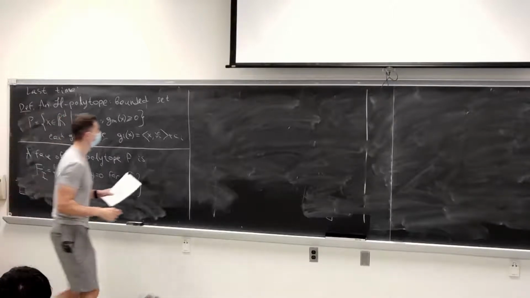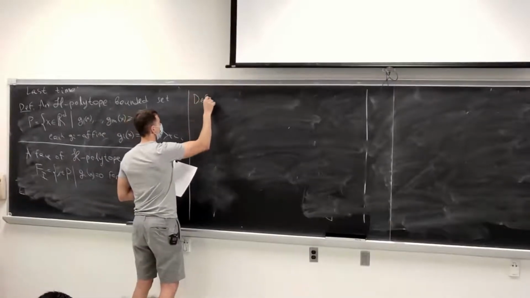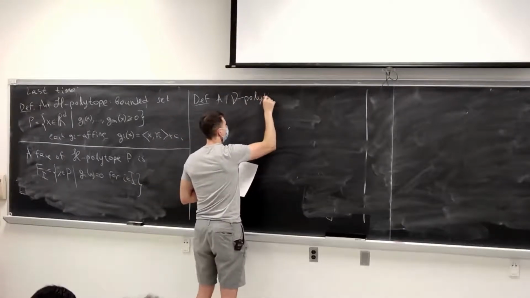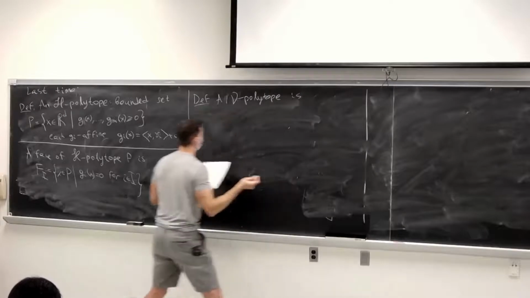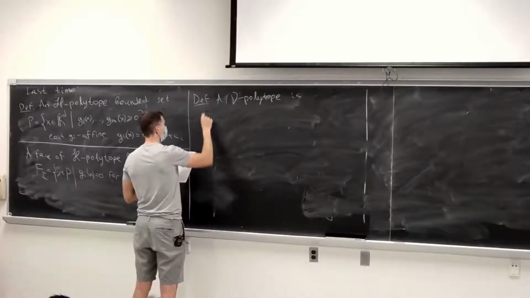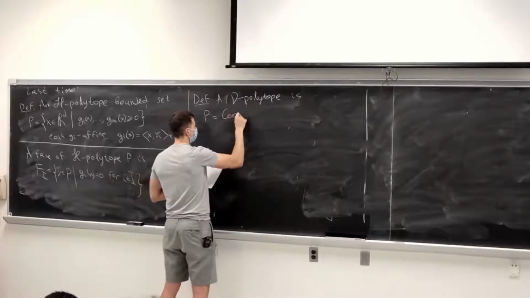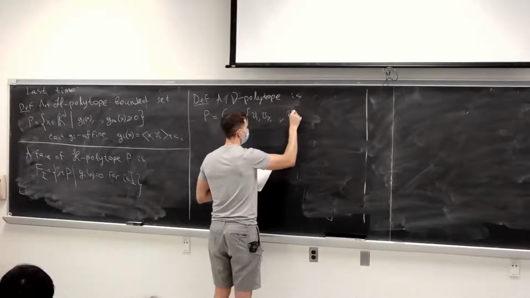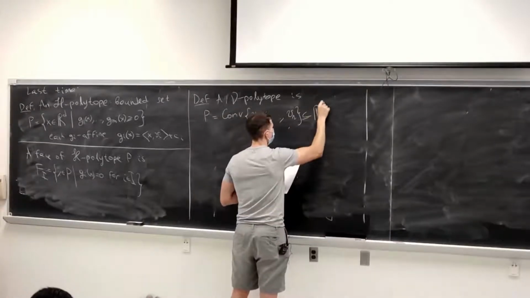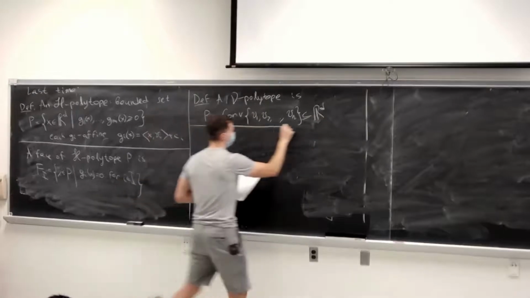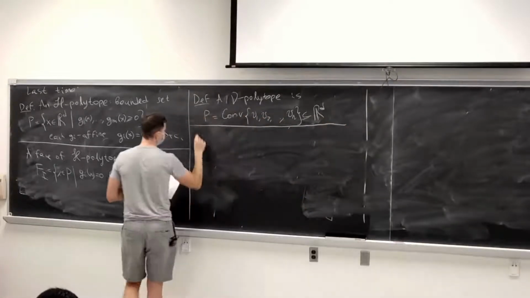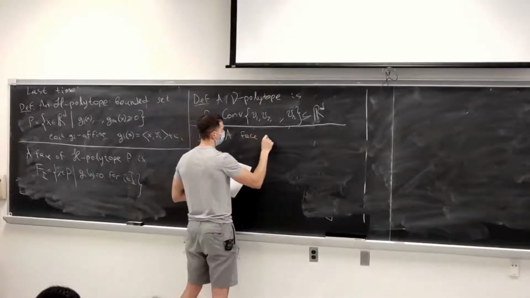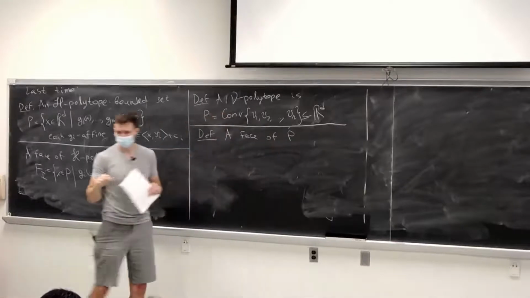And we also defined V polytope, as just a convex hull of a finite number of points: the convex hull of v1, v2, through v sub n in R to the D. And last time we had some fun trying to guess the definition of a face of a V polytope.